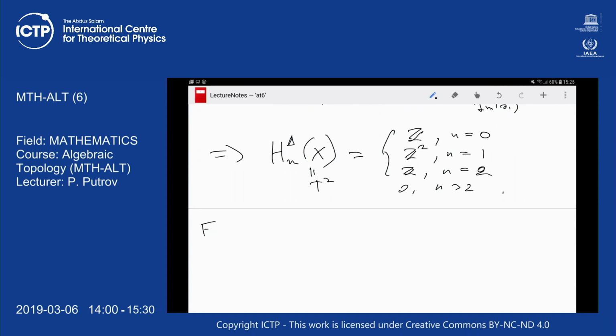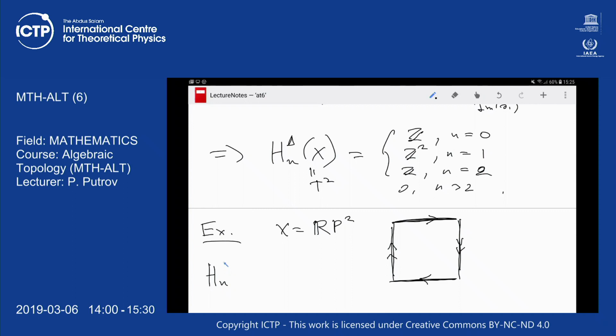If you want to practice, I can leave you another exercise for home. Take X to be RP2. In a sense it's similar to T2, but we start with the rectangle and identify this edge with this edge in the opposite direction, and this edge with this edge also in the opposite direction.